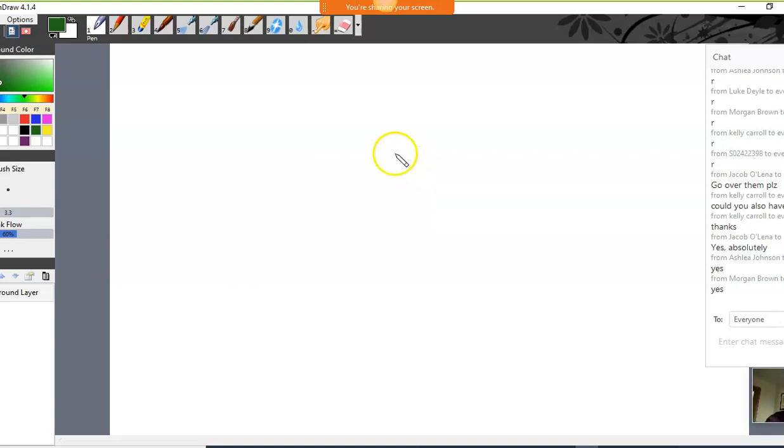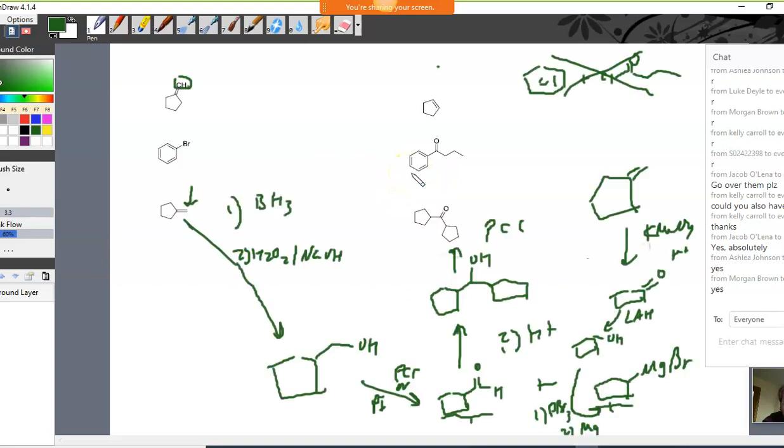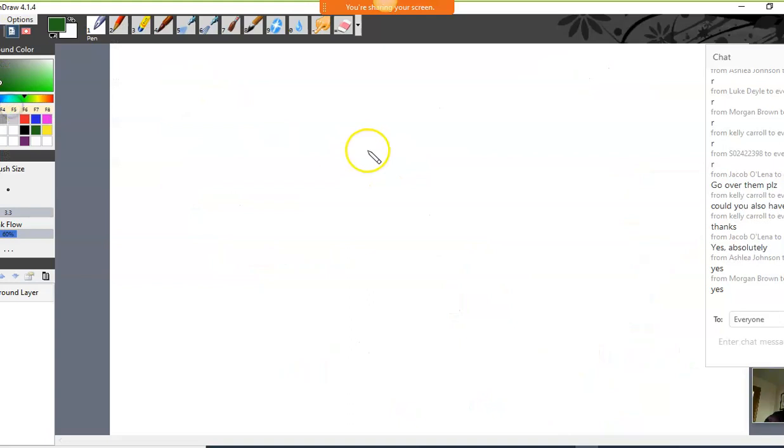So on a piece of paper, in the middle, have an alcohol, either the word alcohol or alcohol with OH. And then think of every possible way to make an alcohol. So why don't we go over that?